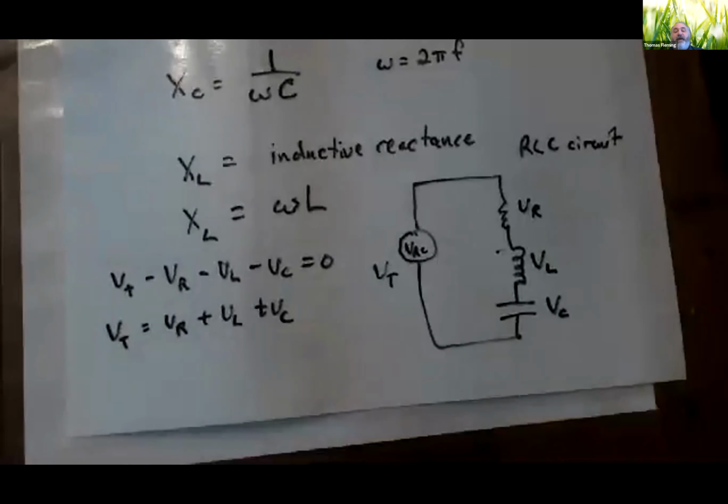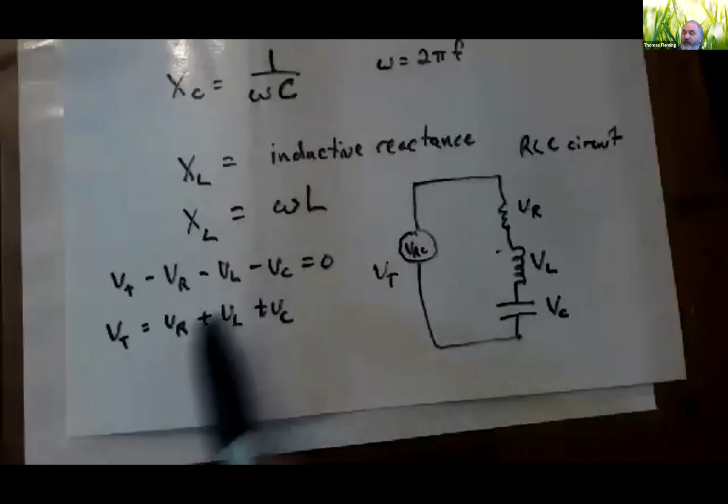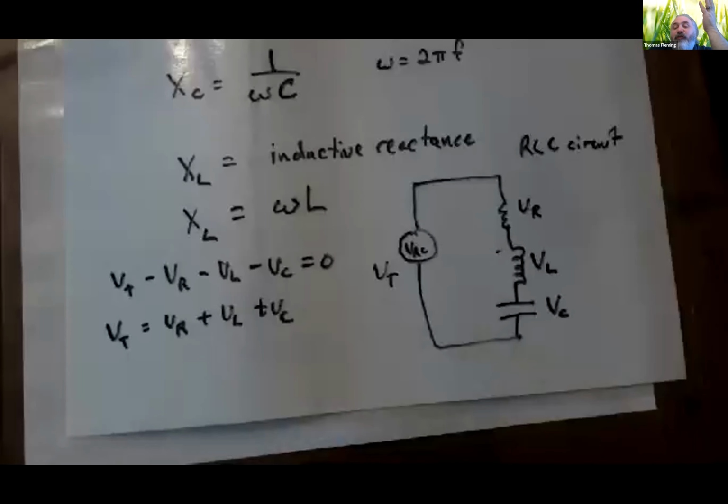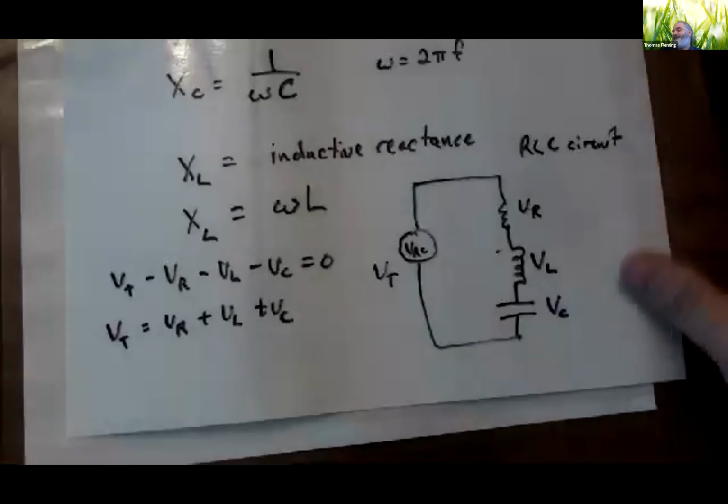So here's where we're going to get kind of inventive with our math so that we can do this sum in a way that doesn't cause my brain to explode. And to do that, we're going to invent something called a phasor diagram. And here's the idea behind a phasor diagram.